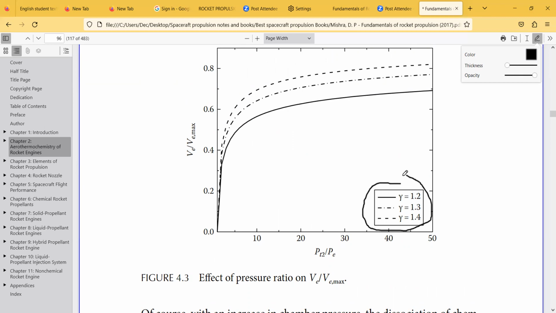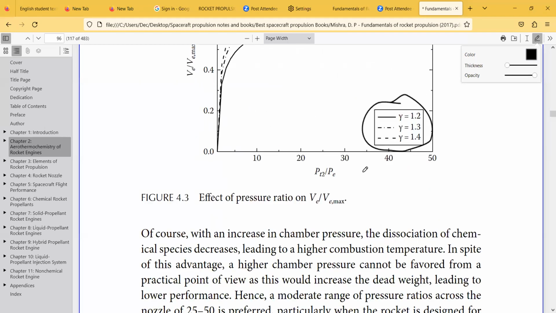So in relation to gamma values, the plot of pressure ratio against exit velocity over maximum exit velocity is in this graph. This is the effect of pressure ratio on V_E over V_E max.